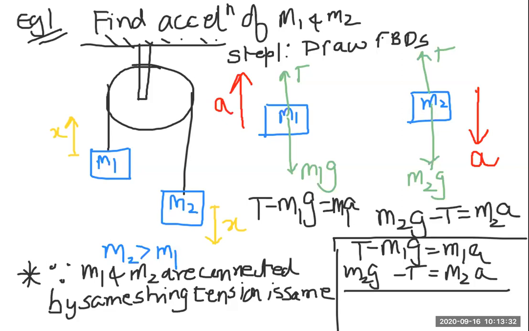When I add these two equations, then T and T will cancel out, and I will get (M2 minus M1)g is equal to (M1 plus M2)A.